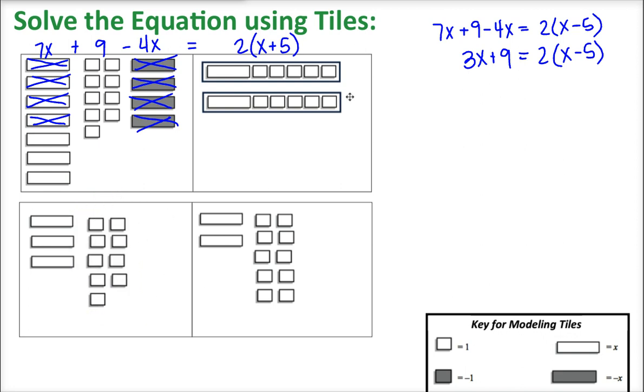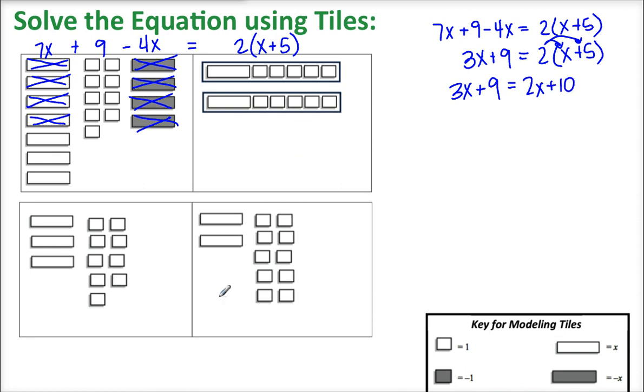Okay, so 9 ones over here. Okie dokie, so this is looking a little bit more simple. And once again, let's write down over here what we did. We distributed the 2, and we were left with 2x. Oh, and I'm sorry, it was plus 5, wasn't it? So 2x, and we have plus 10 now, 10 one tiles.